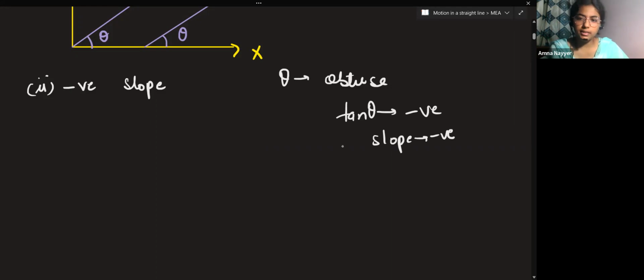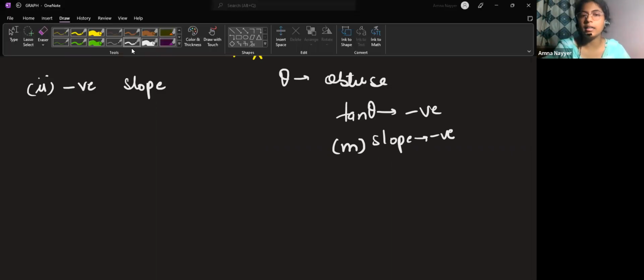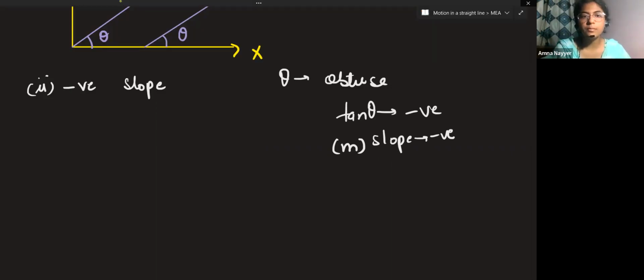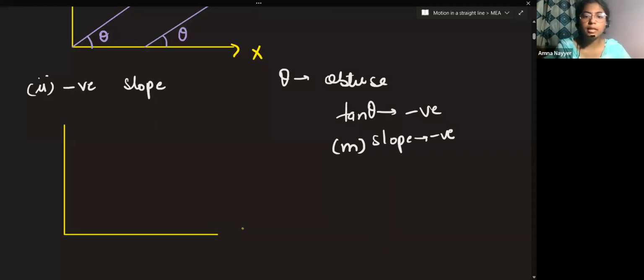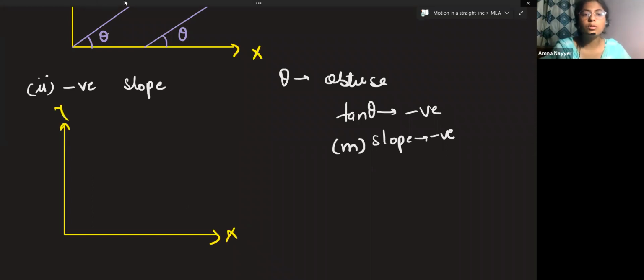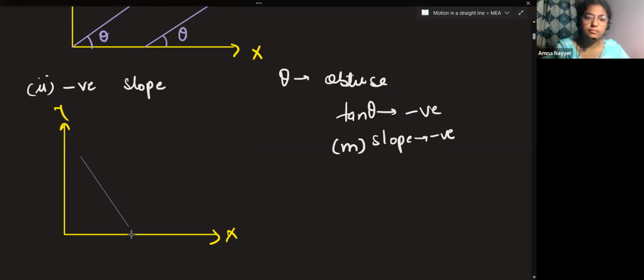Okay, one thing, slope is usually represented as m. So instead of writing slope everywhere, I'll also prefer writing it as m. Now, how will the graph look? This is your x-axis, this is your y-axis. How will the slope of an obtuse angle look?